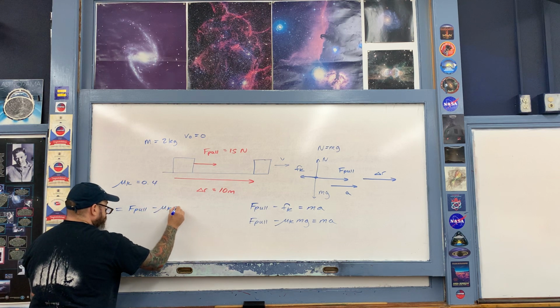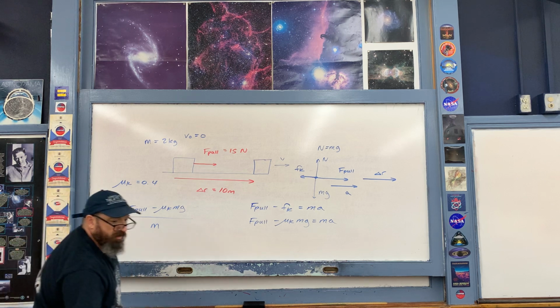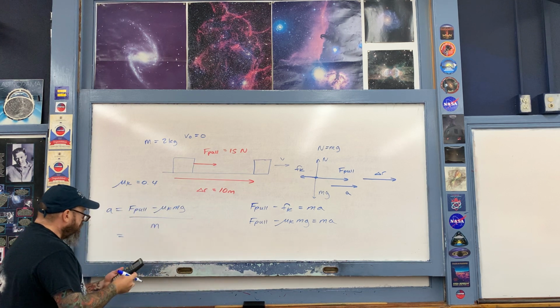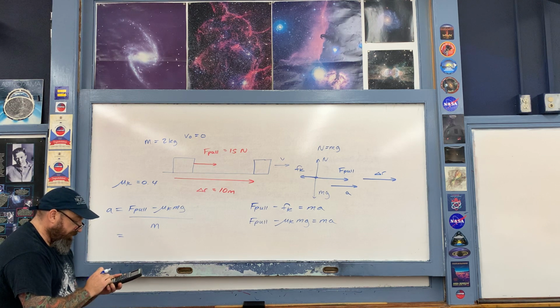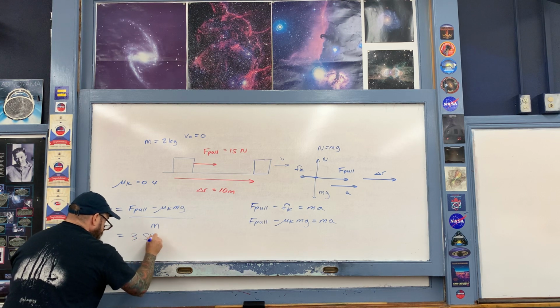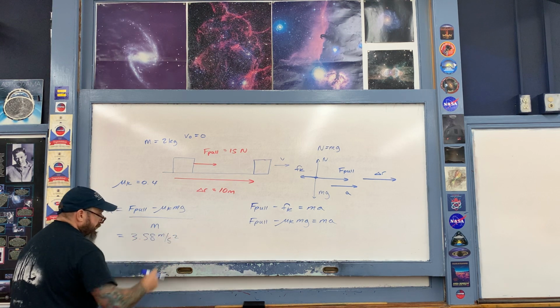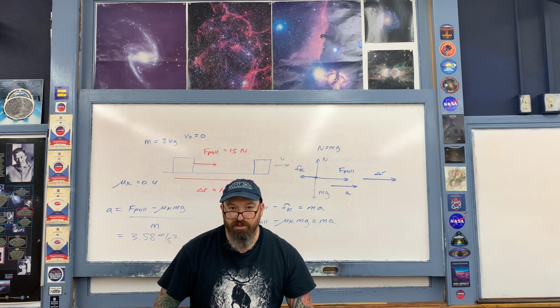All right, let's plug in the numbers and see what we obtain for the object's acceleration. So I have F pull, which was 15 newtons, and then minus 0.4 times 2 times 9.8, and then all divided by 2 kilograms. And this works out to be 3.58 meters per second squared. Okay, so that's just a typical dynamics situation that we saw in the previous unit.